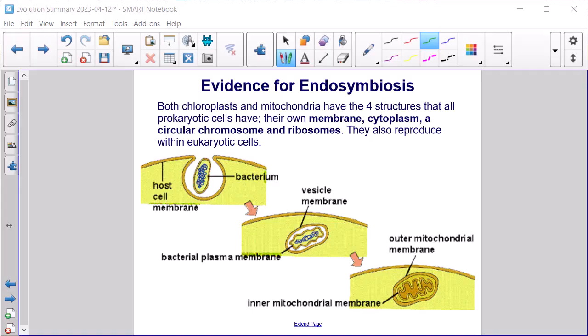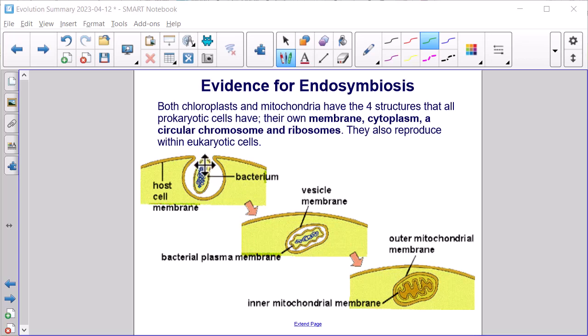Both chloroplasts and mitochondria have the 4 structures that all prokaryotic cells have: their own membrane, cytoplasm, a circular chromosome, and ribosomes. They also reproduce within eukaryotic cells. So the evidence for the endosymbiosis is the containing of these 4 prokaryotic cell structures.